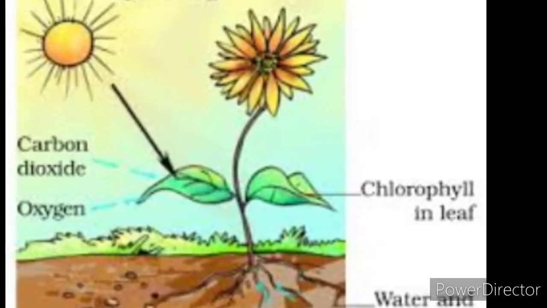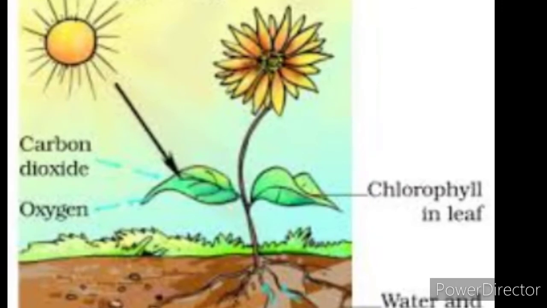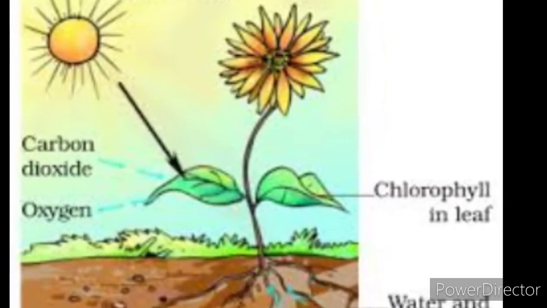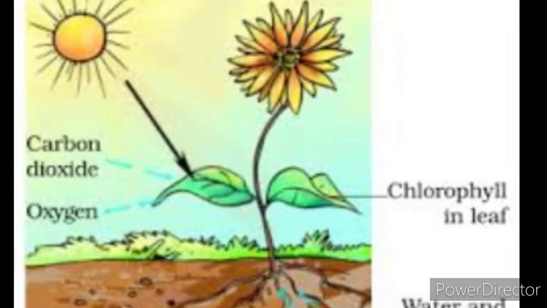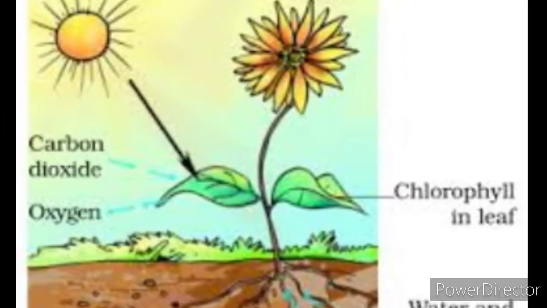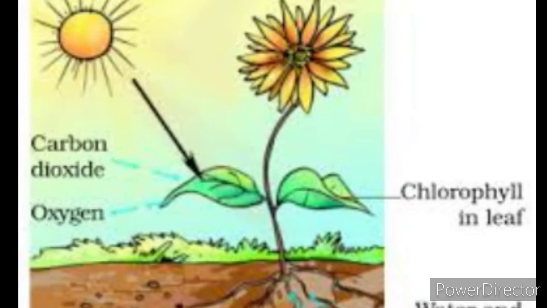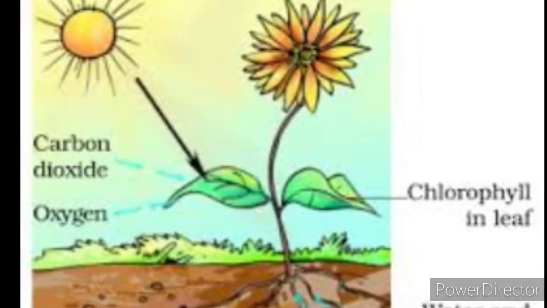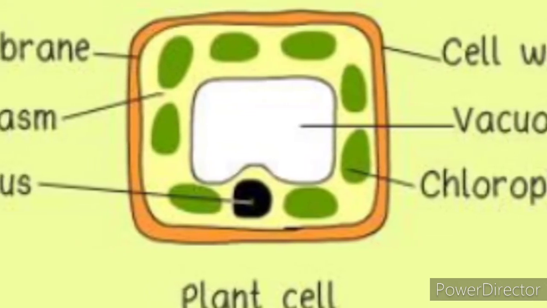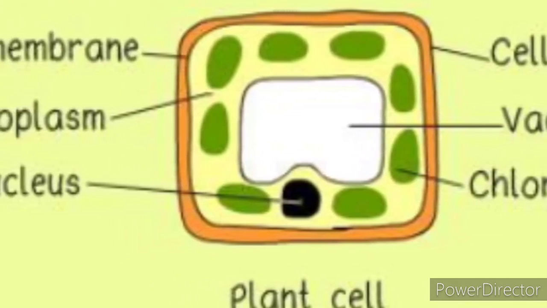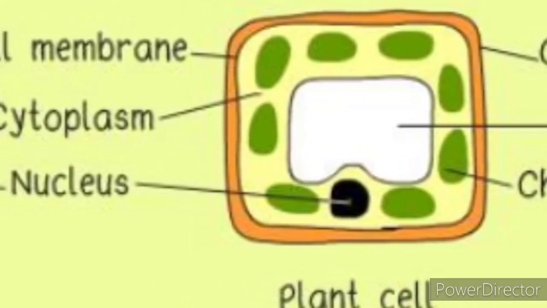Carbon dioxide from the environment comes into the leaves, and oxygen from the plant gets out of the plant, and chlorophyll is capturing sunlight. So with the help of these simple molecules, the food materials are prepared.